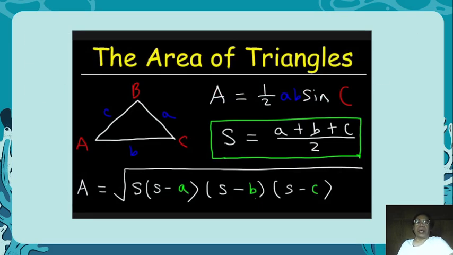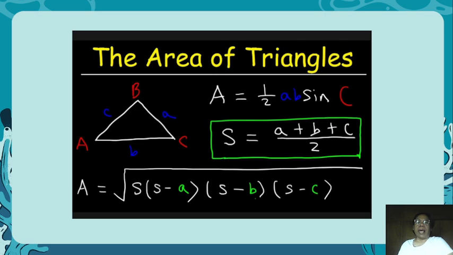So for the area of triangle ABC, with the angles in capital letters in red and the sides a, b, and c in blue, the formula is area equals 1/2 times ab times sine of the included angle C. Using Heron's formula, determine s: s equals (a + b + c) over 2.